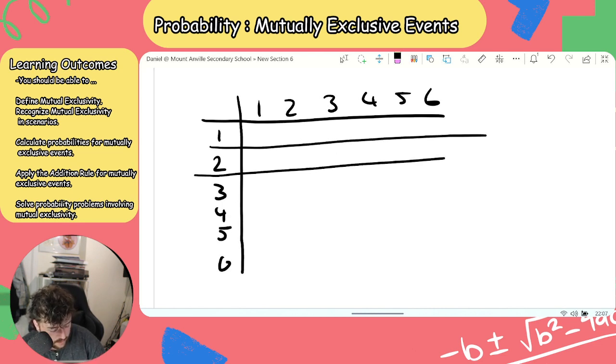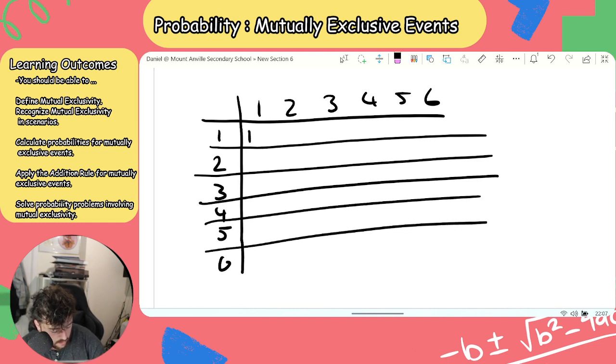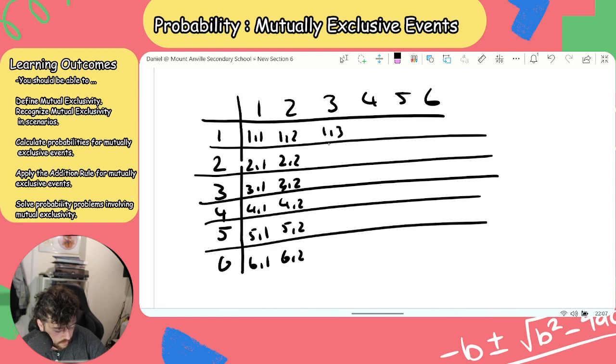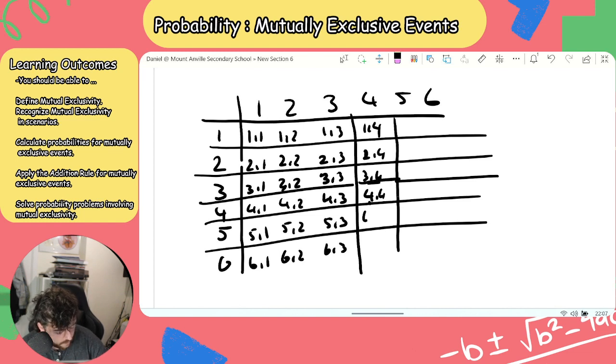Okay, this would be a bit of an effort, but you can do it. So 1,1, 2,1, 3,1, 4,1, 5,1, 6,1, and so on through all the pairs up to 6,6.